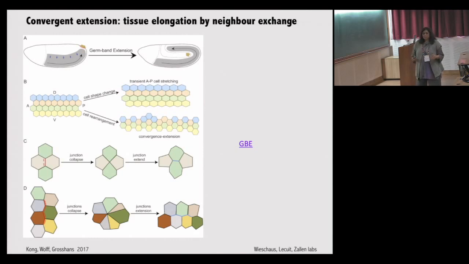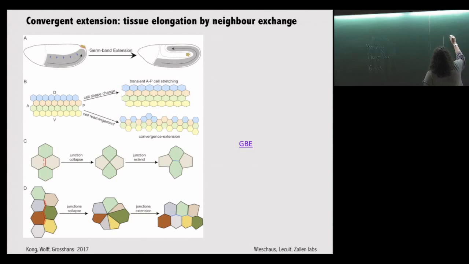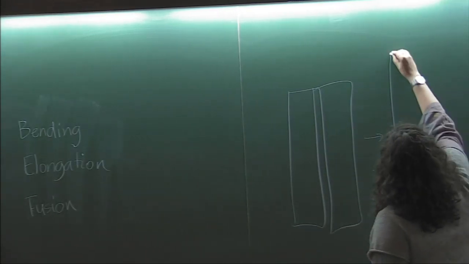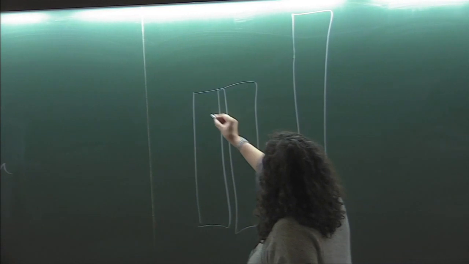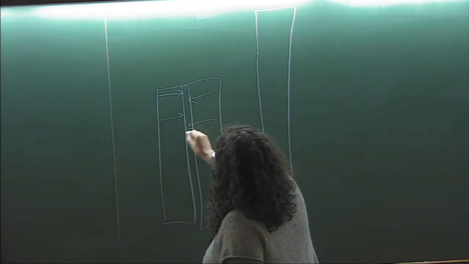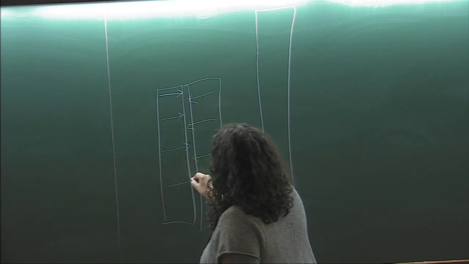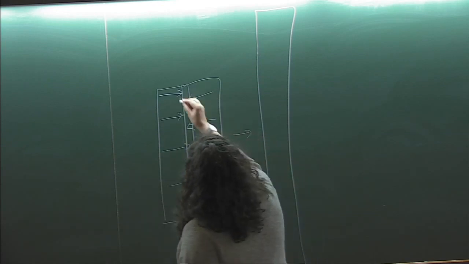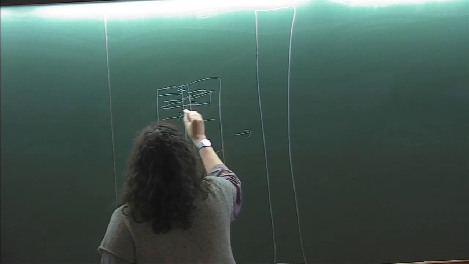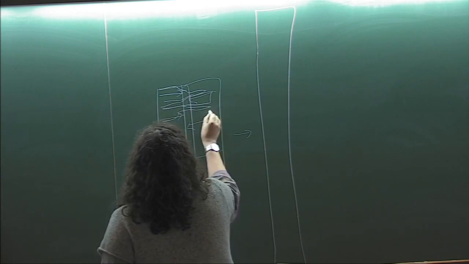So you could also simply, if you just had a strip of 2 cells, for example, or 2 columns of cells, let's say one here and one here, you could convert that into a single column of cells just by getting cells in each column to move towards each other so that the arrangements you would have would start off to be like that.